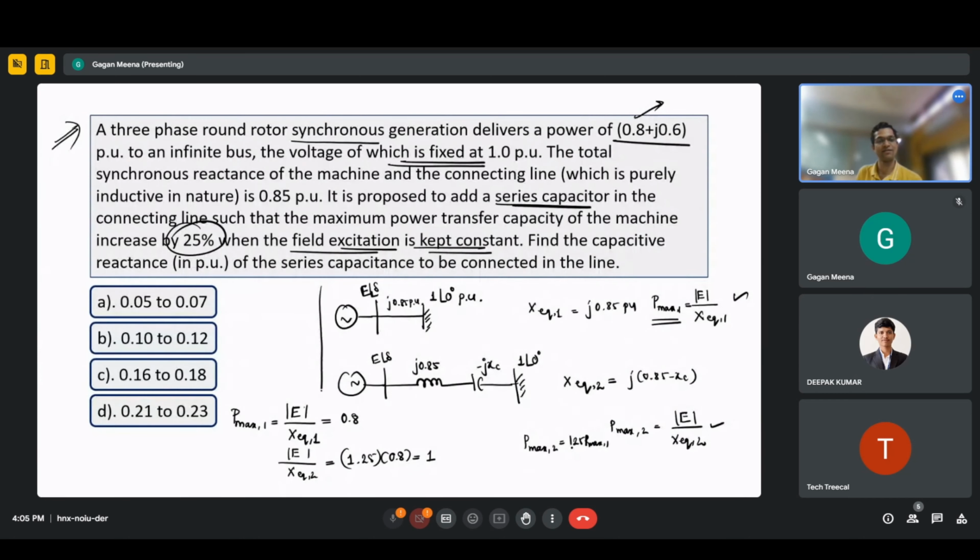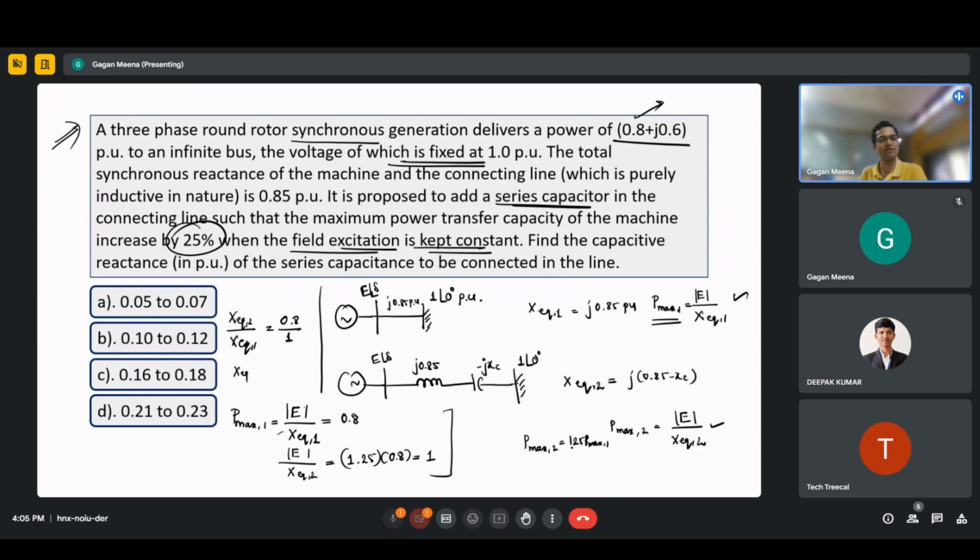No. Then, sir, we can calculate this from XEQ1, since X equivalent 1 is given to us. You can calculate that way. This is known, it is 0.85. E you can get, then substitute it here. But you can directly take the ratio of these two equations, and you can write that XEQ2 by XEQ1 is equal to 0.8 by 1.